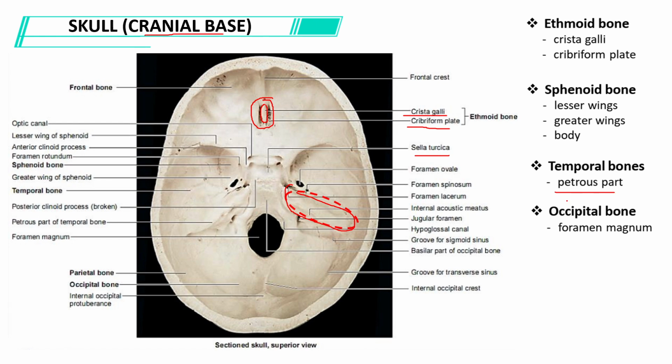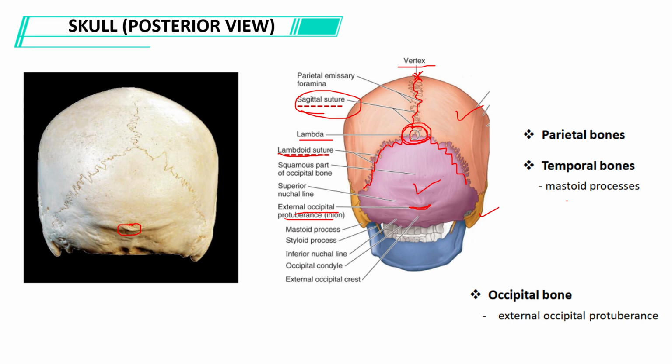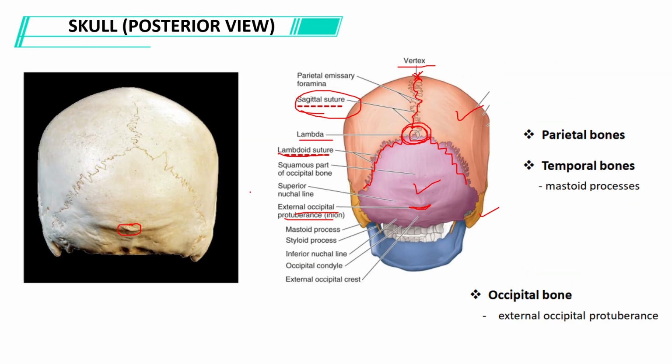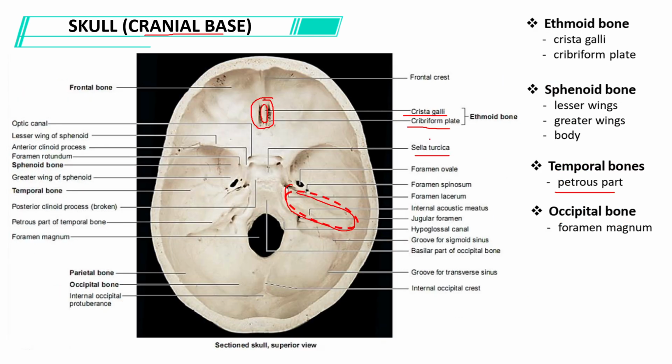The squamous part is on the outside, but the petrous part is inside, in the middle cranial fossa. And for the posterior cranial fossa, the most important thing I want you to know is this hole, the foramen magnum.